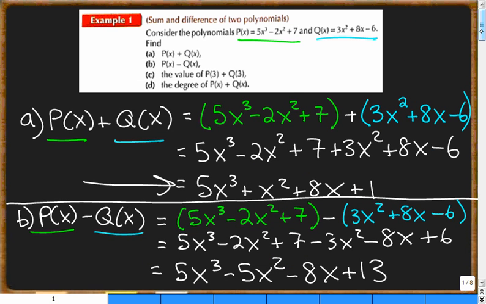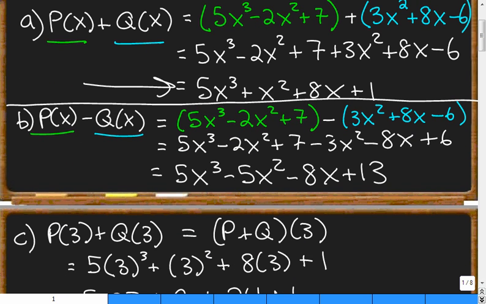And part D says, what's the degree of p of x plus q of x? Well, a degree is the highest or the greatest exponent of a polynomial. If we look at our exponents, we have x cubed, we have x squared, we have x to the first, that's invisible, we don't write that. And then technically this plus 1 is x to the 0.